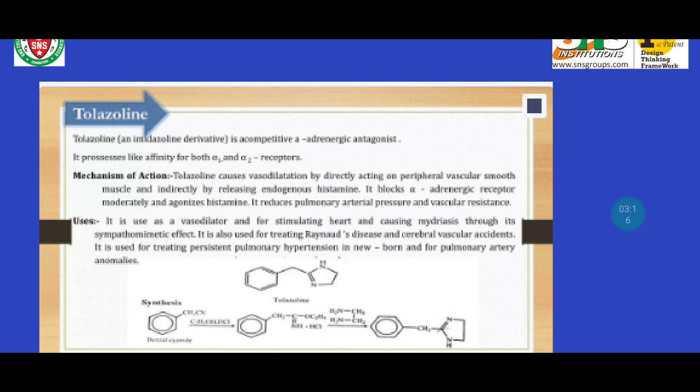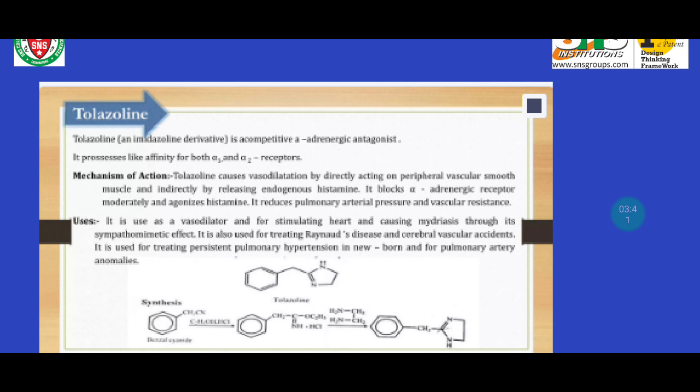Coming to the uses, it is used as a vasodilator, for stimulating the heart, and for causing mydriasis through its sympathomimetic effect. It is also used for treating Raynaud's disease and cerebral vascular accidents, for persistent pulmonary hypertension in the newborn, and for pulmonary artery abnormalities.